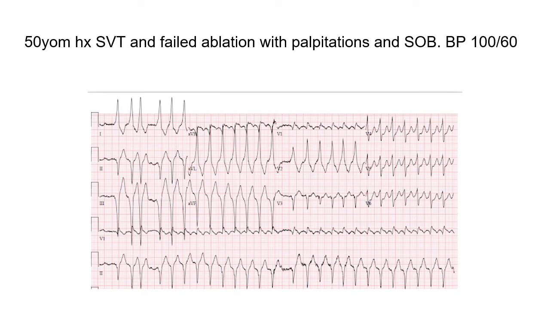Okay, so this is a 50-year-old with a history of SVT and failed ablation, with palpitations and shortness of breath. Is this wide or narrow? It's pretty close. It's kind of cut off, but it looks a little bit wide. Like aVF definitely looks wide, right?